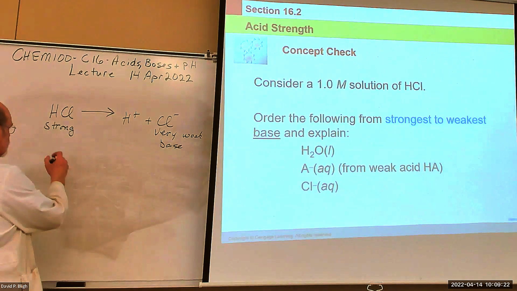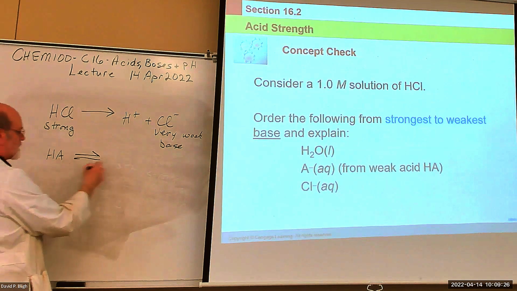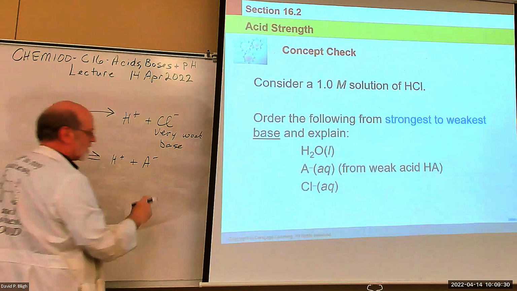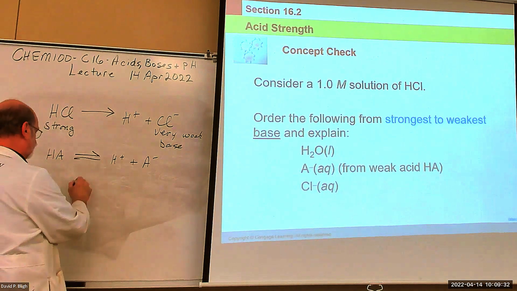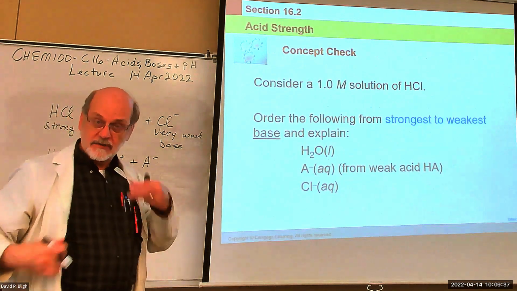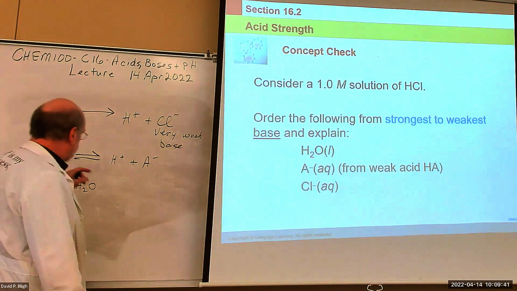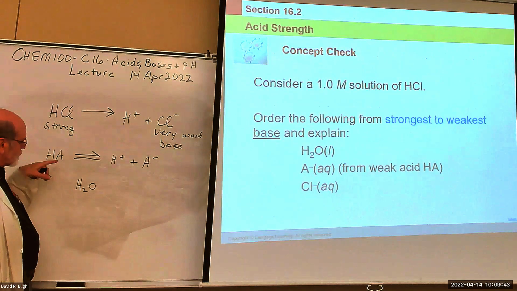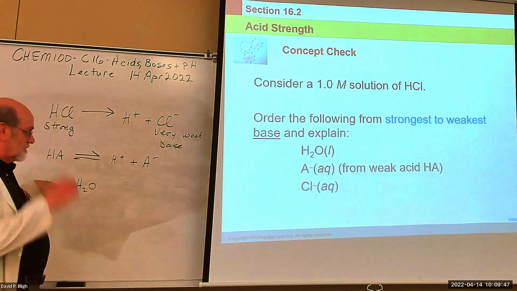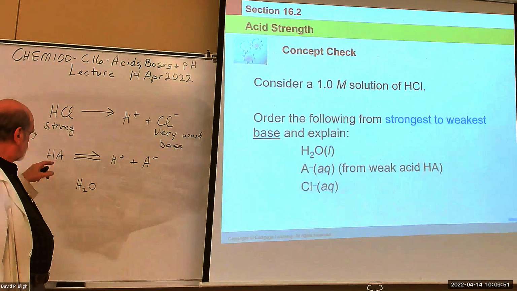We also have this hypothetical acid. It's a weak acid that produces this plus this. Okay. So now those are our choices along with water. And water can accept a proton. But it doesn't accept a proton as well as this weak acid's base.